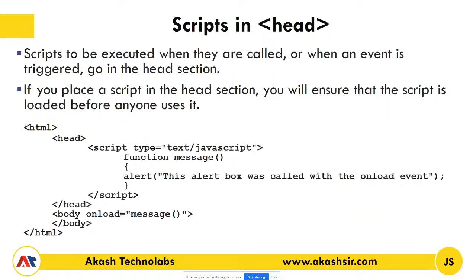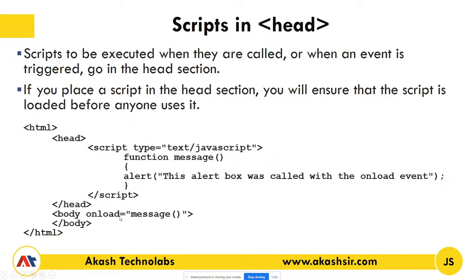Here is a simple demonstration for the loading. You can see this is a function. I hope you know the basics of programming. If you are not familiar, then okay. This is a user defined function. The function name is message, and here you can see this is a simple alert control, right?